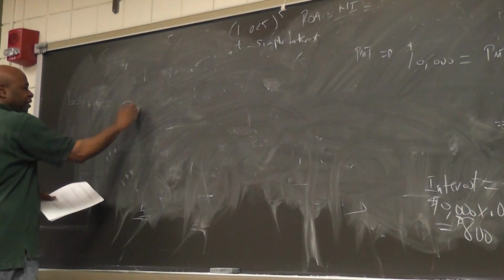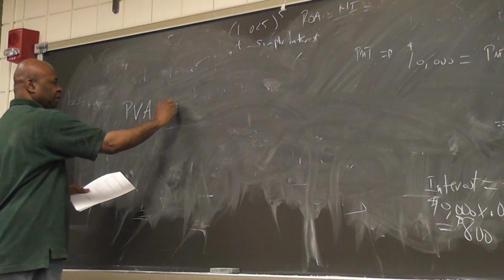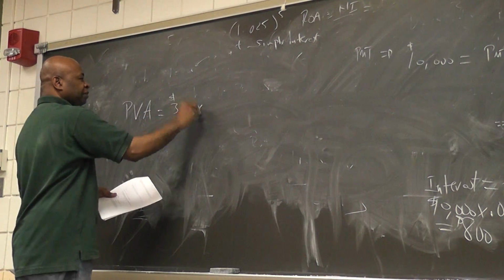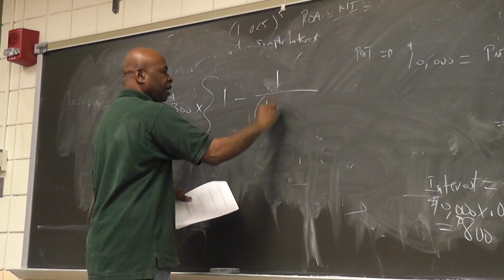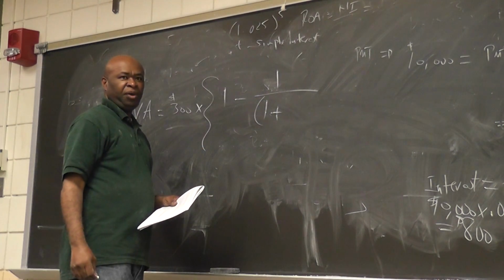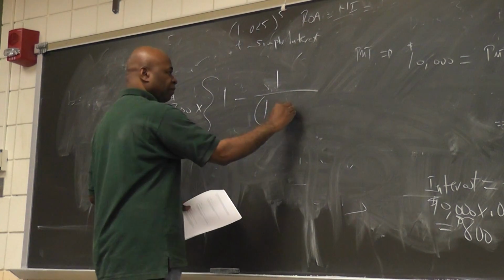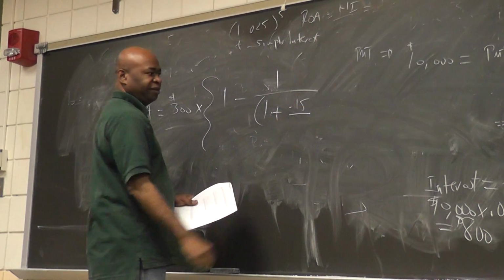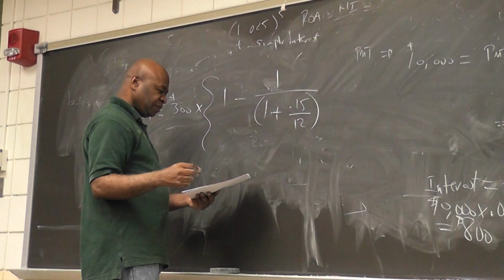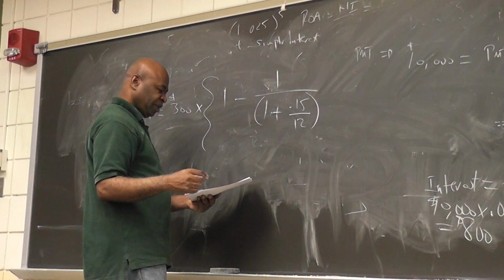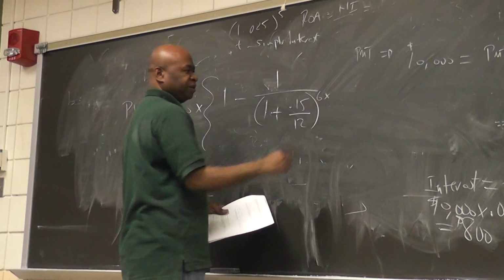So the present value of the annuity is going to be 300 times 1 minus 1 over 1 plus the rate, which is 0.15 over 12, raised to the power, how many years? 6. 6 times 12.